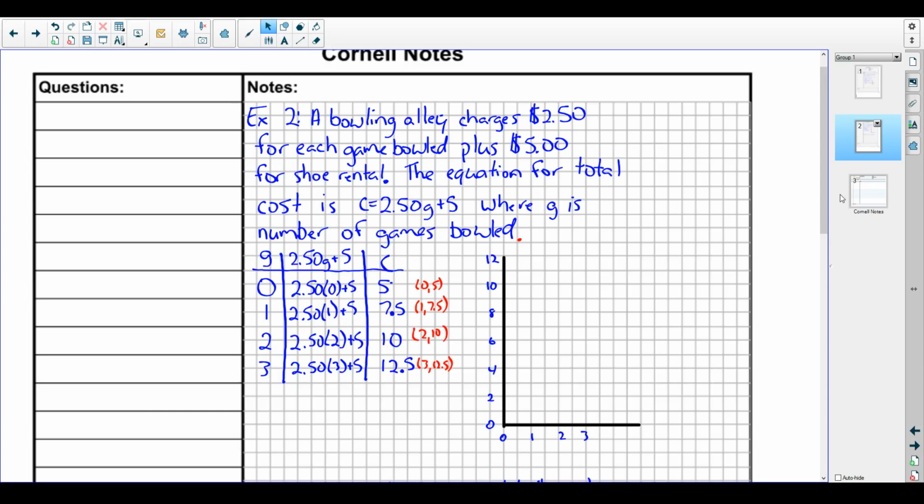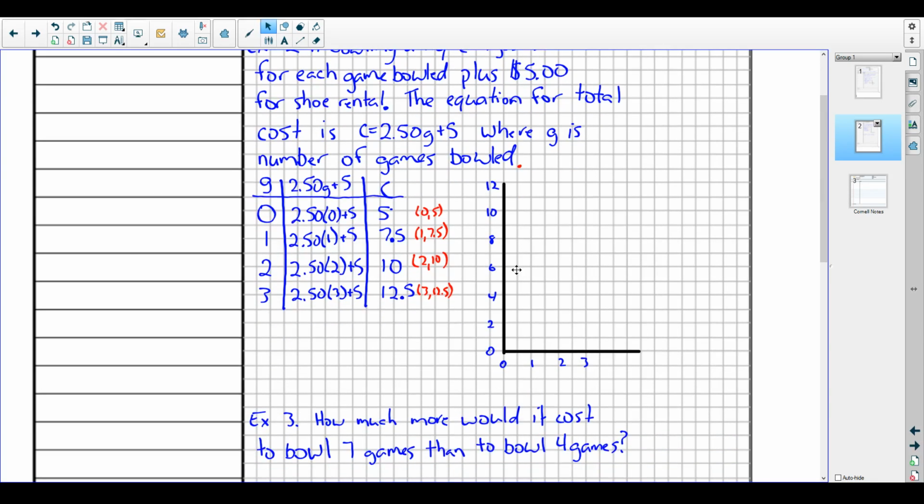So our x-axis, that's our games. We should always label our x and y. And then our y-axis is total cost. And then we just plot our points.